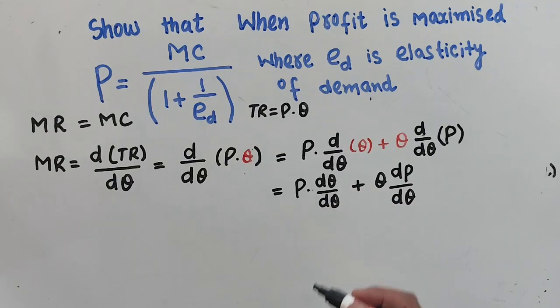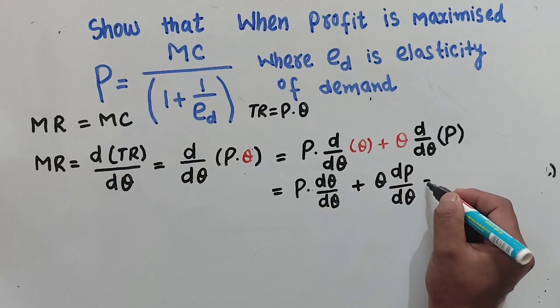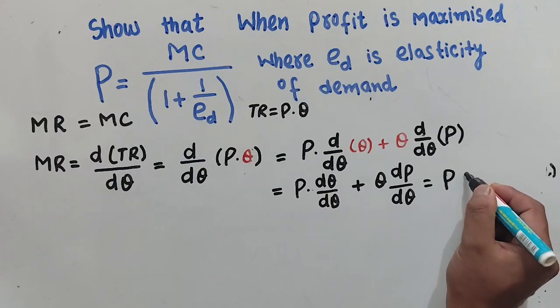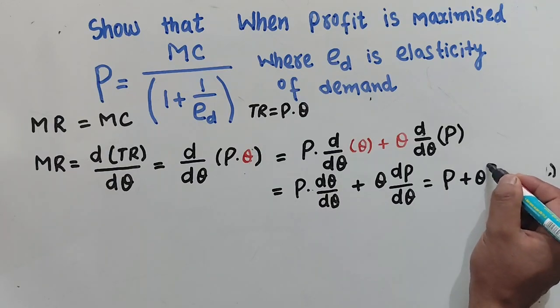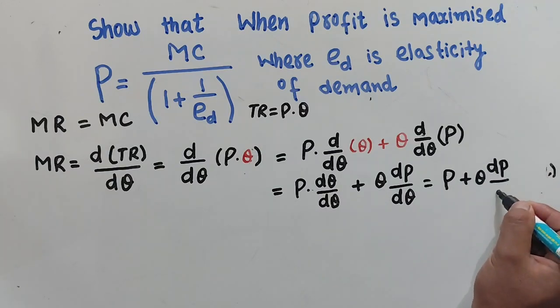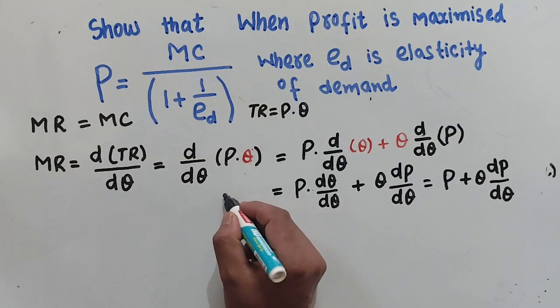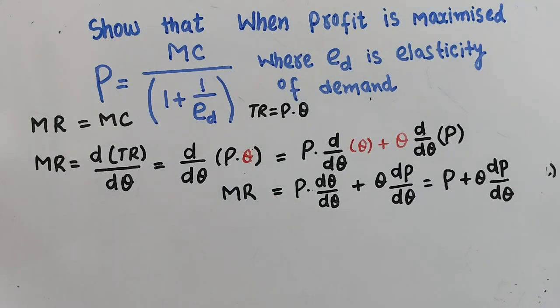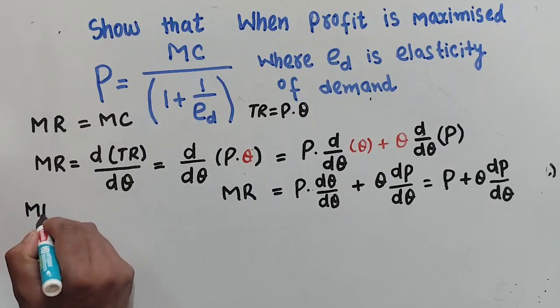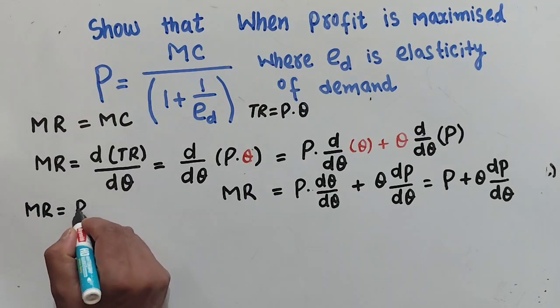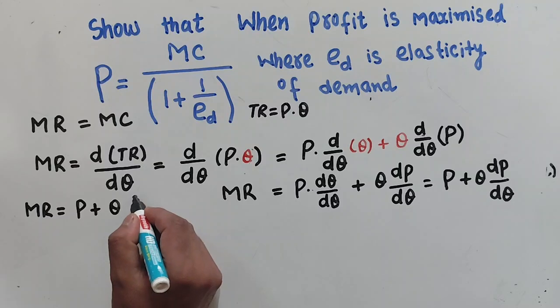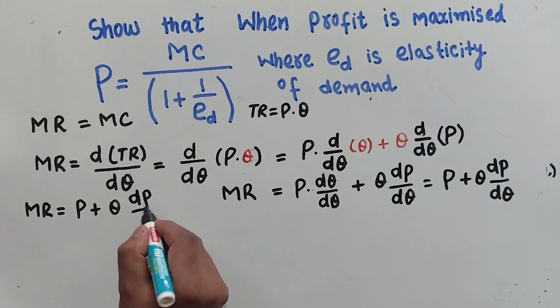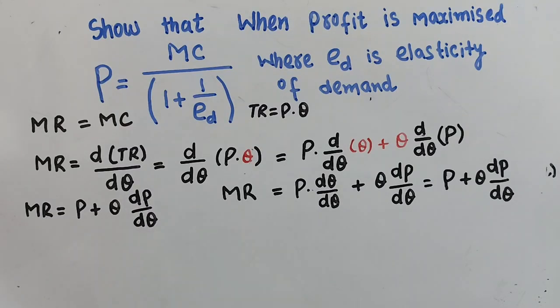So we will get P plus Q dp upon dq. This is our marginal revenue. Rather, our marginal revenue function is P plus Q dp upon dq.